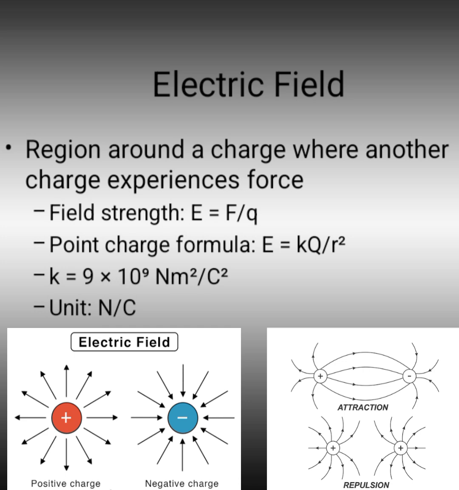The electric field strength is given by capital E equals F over Q. We also have the point charge formula, which is expressed as capital E equals KQ over R square, where the value of K is 9 times 10 to the power of 9 Newton meter square per coulomb square. The unit is Newton per coulomb.